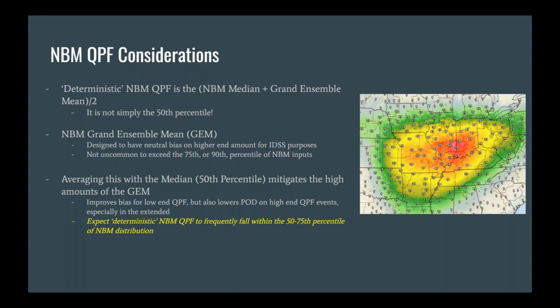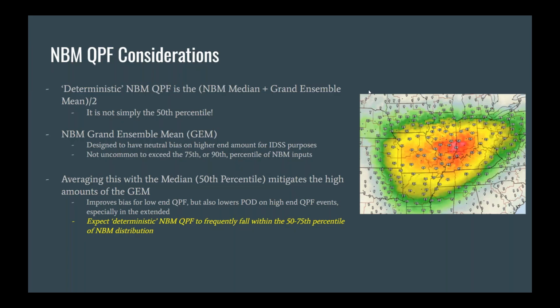So when you look at the 1D viewer, you'll very frequently see the deterministic QPF pretty much always above the 50th, and often pushing towards the 75th. That's why you see what you see when you go to the 1D viewer and look at it on the What's Up page.